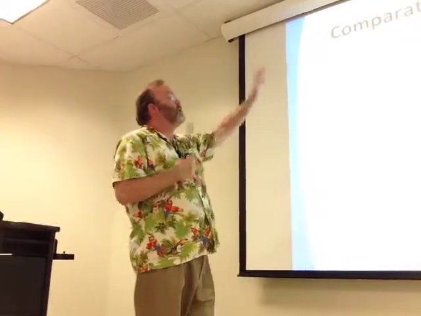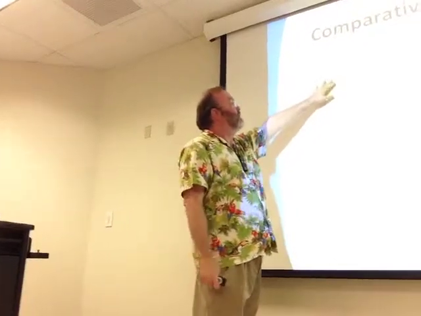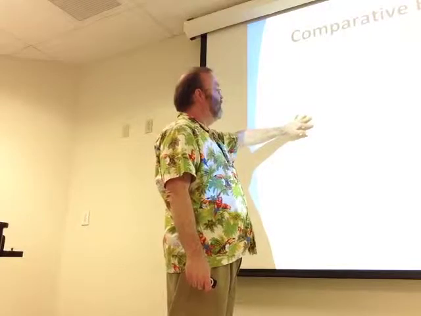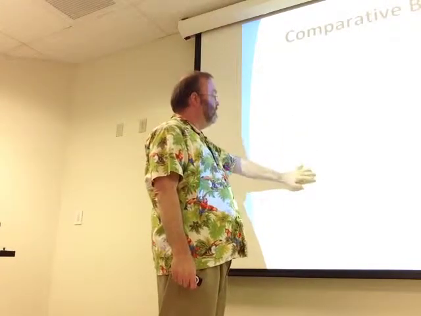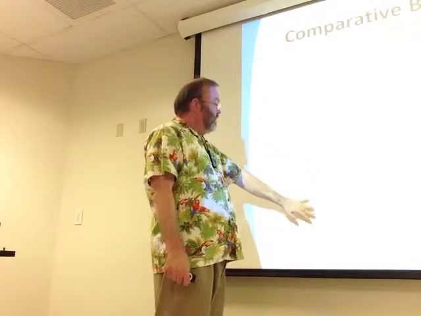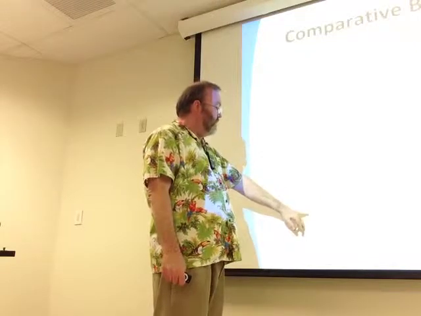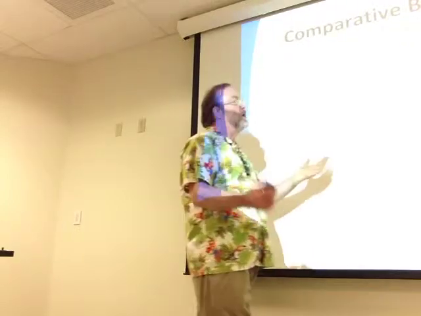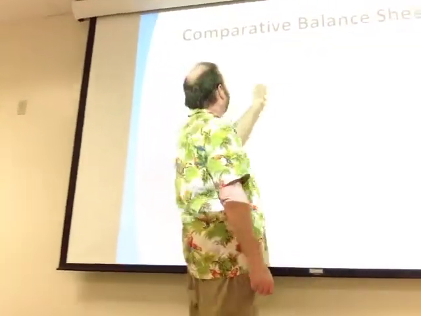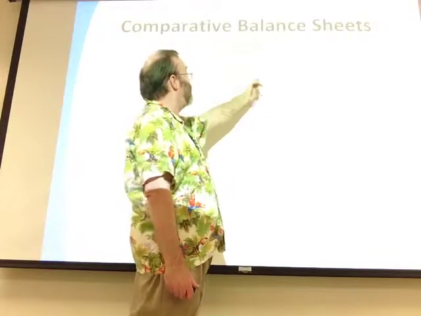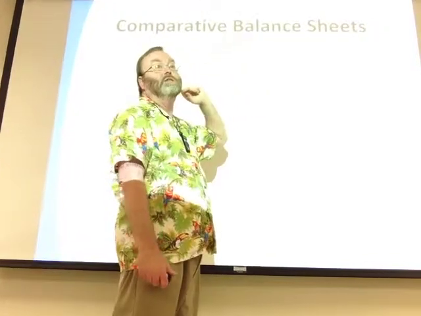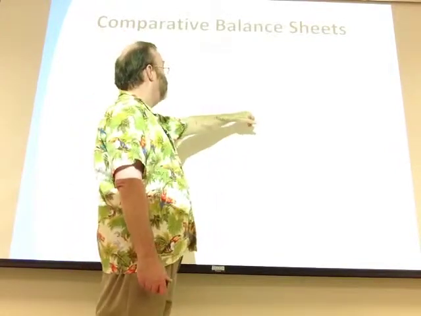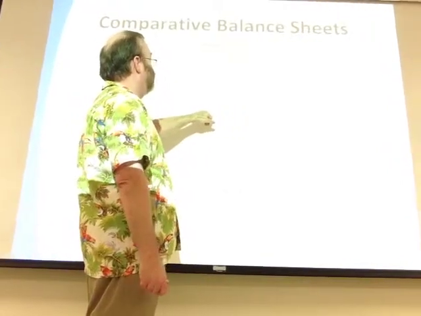Then we take a look at the comparative balance sheet: all of the current assets, the investments, the property, plant, and equipment, the current liabilities, the long-term liabilities, the contributed capital, the retained earnings, and a treasury stock account. And we look at what the changes are. Cash went from $15,000 up to $46,000. Plant equipment went from $505 up to $715.